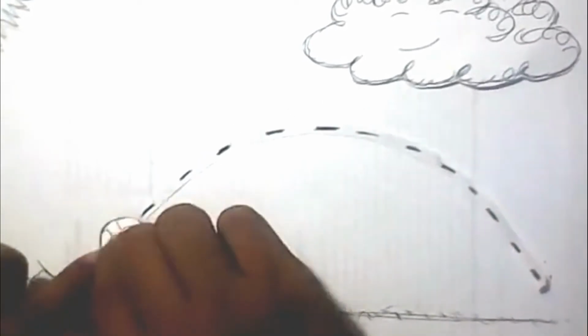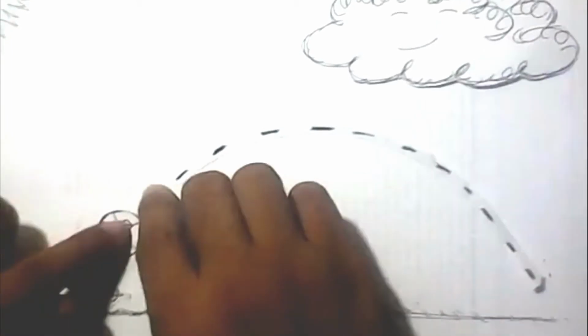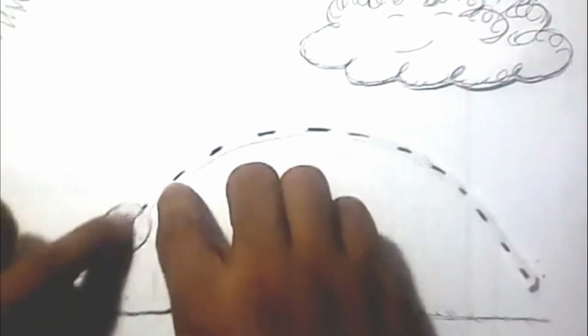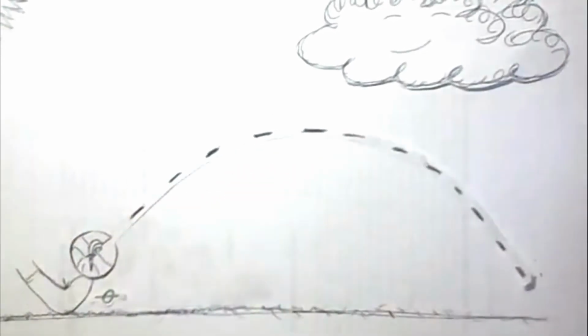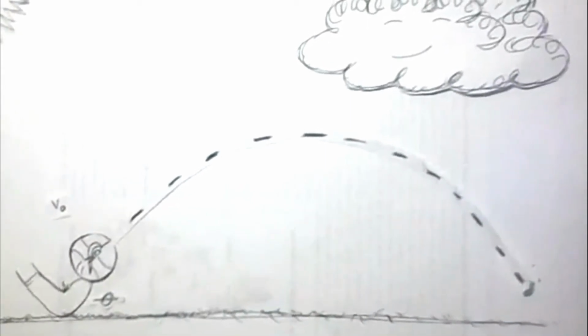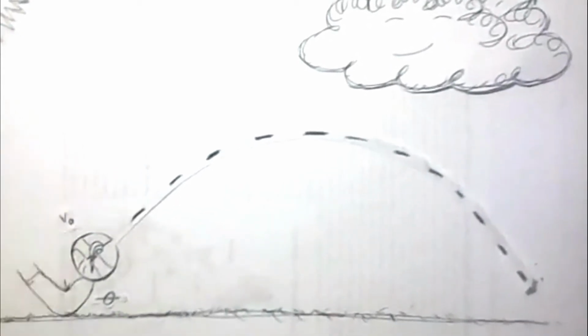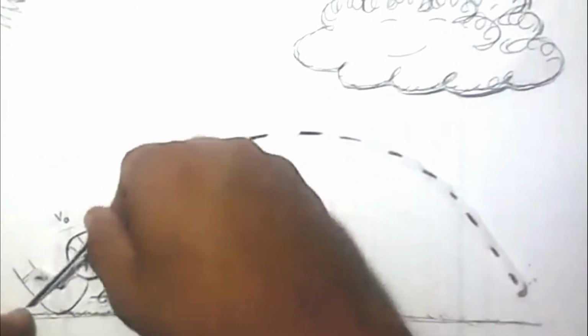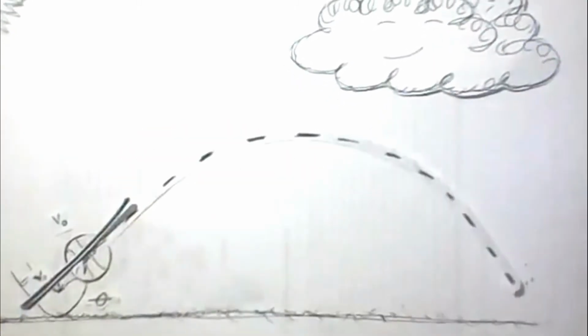So if you put the ball here and it was kicked, it would go that way and go that way. The ball has its velocity because it was kicked, which is equivalent to the magnitude of its original velocity, and it goes up because of the angle.